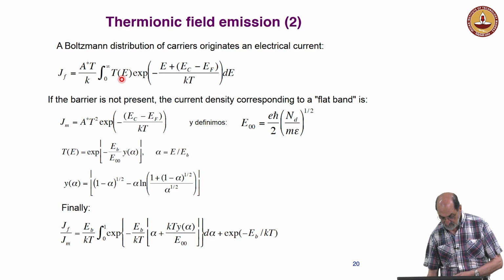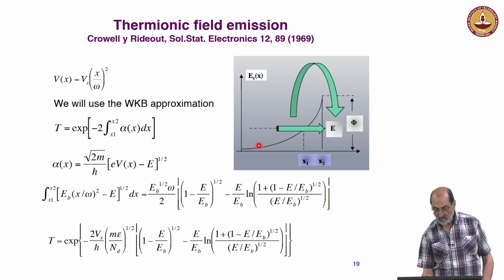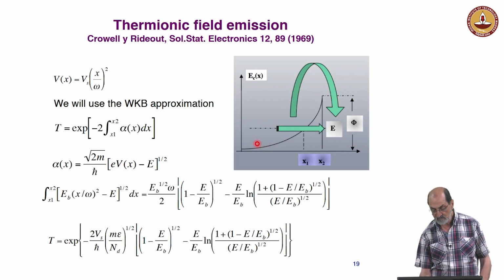You understand that at low energies we have many electrons because of the Boltzmann distribution, but the barrier here is wider. In the upper part, we have fewer electrons, but the barrier is easier to overcome.